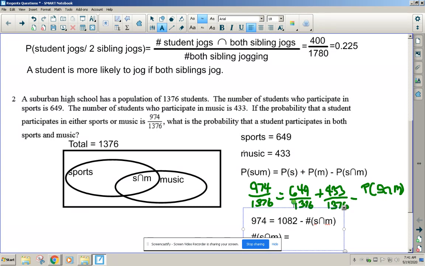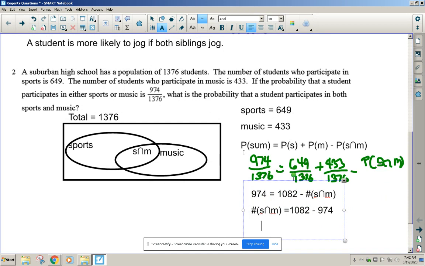And then what I would do is I would have my 1082, and I would subtract from that the 974. So what this does is this will tell me now that the overlap was 108.